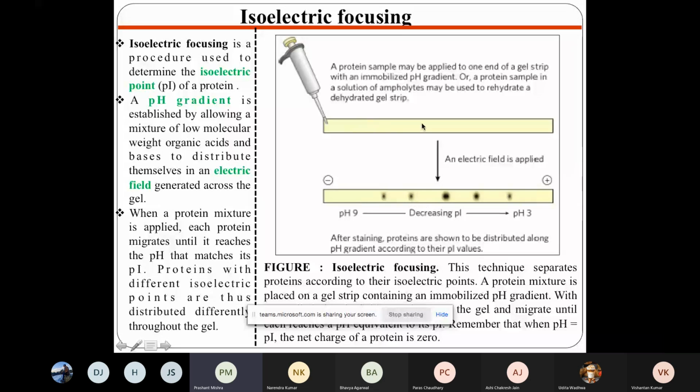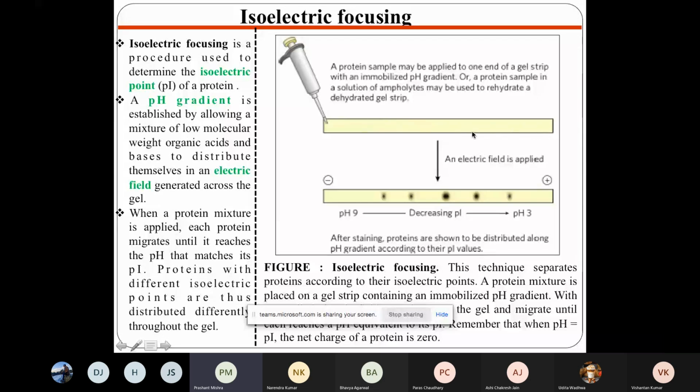On this strip, what I have done is that I have taken the material. It is basically a zwitterionic material which is present, and they are from different pH. So you will find there is some pH here, some pH here. So this pH you will find across the strip.